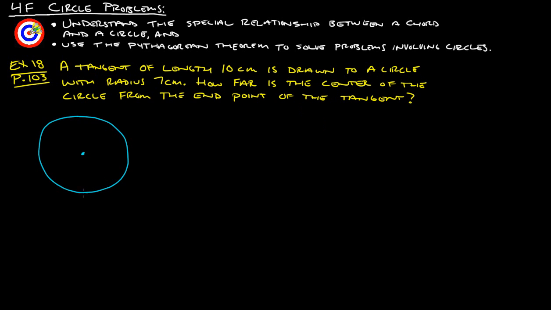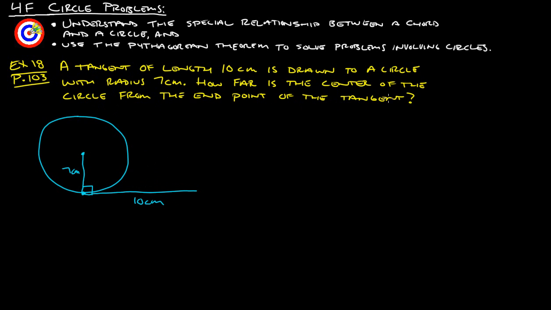This is not super well worded, but what they mean is, here's the tangent point, and then you've got this line here that is 10 centimeters. And then it also says that the radius of this circle is 7 centimeters. So let's draw that straight down to this here, and that's 7 centimeters. We know from before that that makes a right angle.